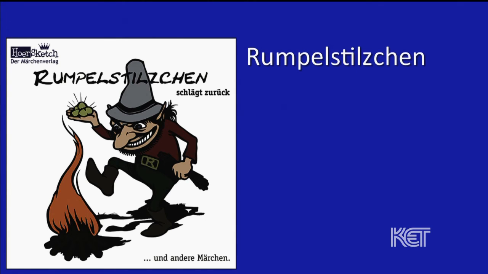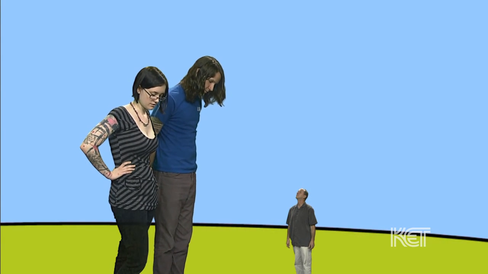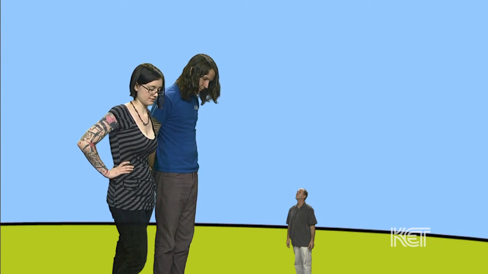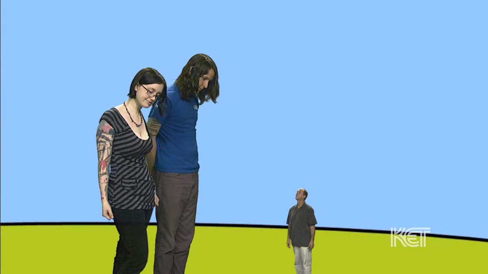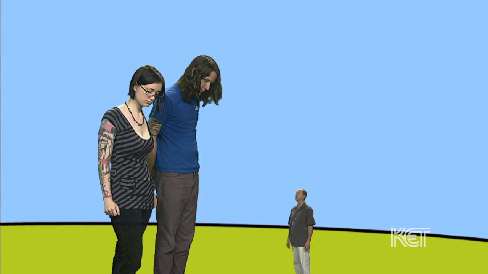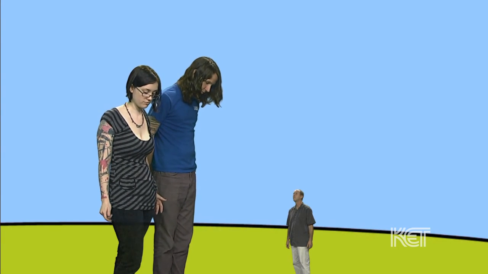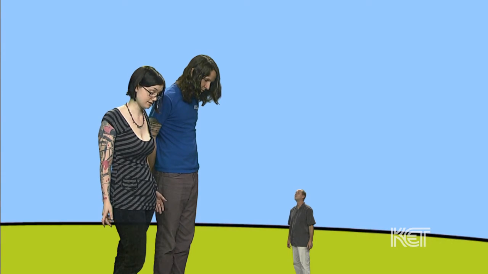Rumpelstilzchen. Since these characters have names in the diminutive form, they are all referred to as es, it, in these stories. Okay, because they're in the diminutive form. Because they're in the diminutive form, with chen at the end.